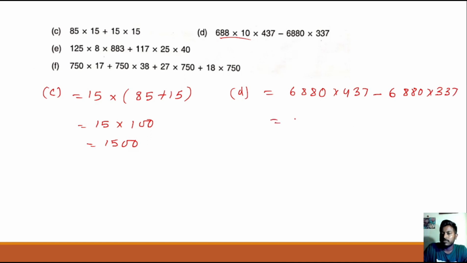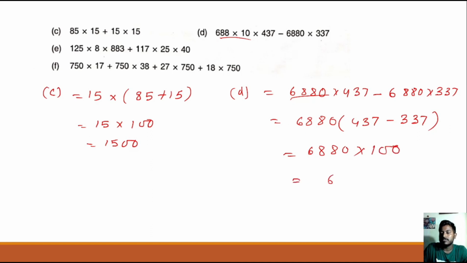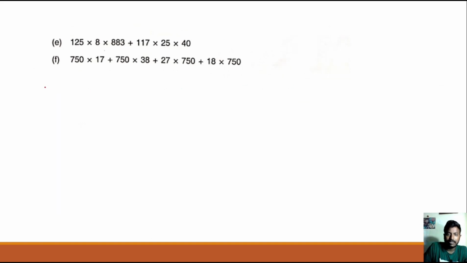Now taking common as 6880, then here is remaining is 437 minus 337. So 6880 into 100. Now 688000. Clear? Next, E number.